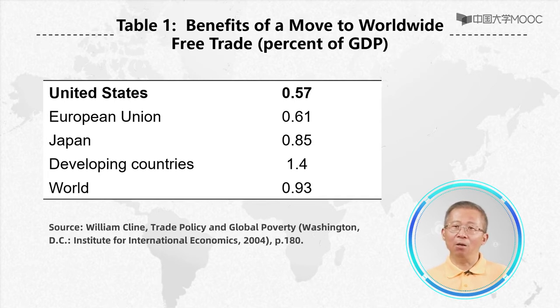For the world as a whole, according to these estimates, protection costs less than 1% of GDP. The gains from free trade are somewhat smaller for advanced economies such as the United States and Europe, and somewhat larger for the poorer developing countries.